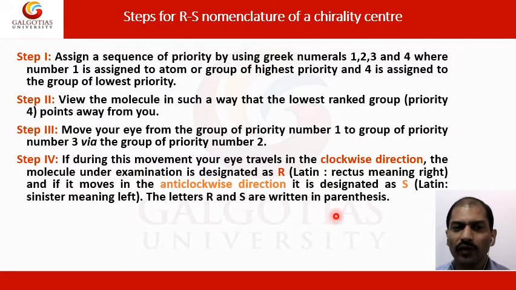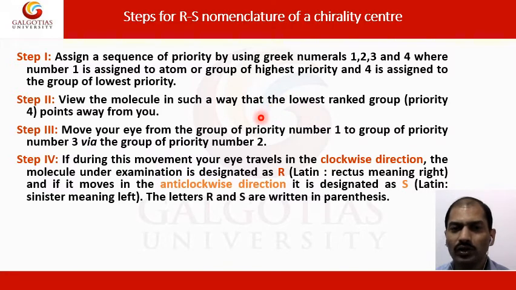Then move your eye from the group of priority number 1 to number 3 by way of number 2. Whatever direction your eye goes, you assign the RS nomenclature.